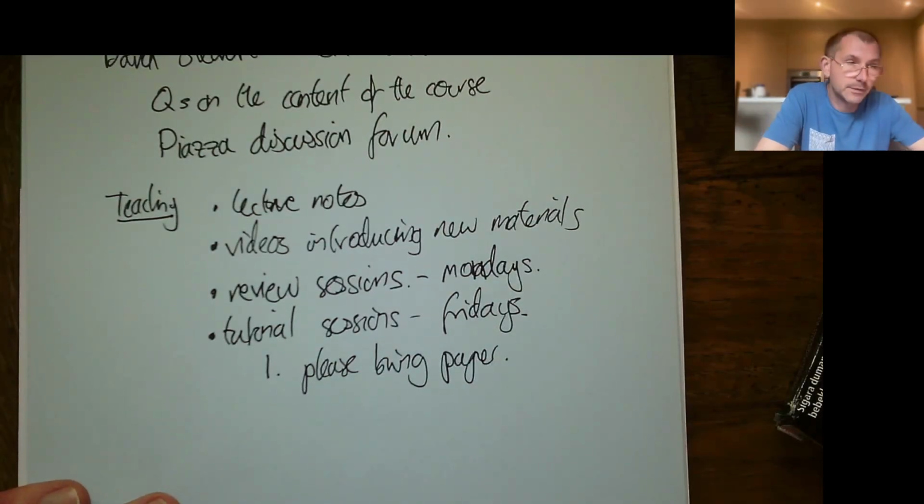I know you've got devices, I know you can write on them, but what tends to happen is that people put the question sheet on the device and then try and squeeze in the answers to the questions in between the lines. And this is not a good way to get in the habit of thinking clearly.